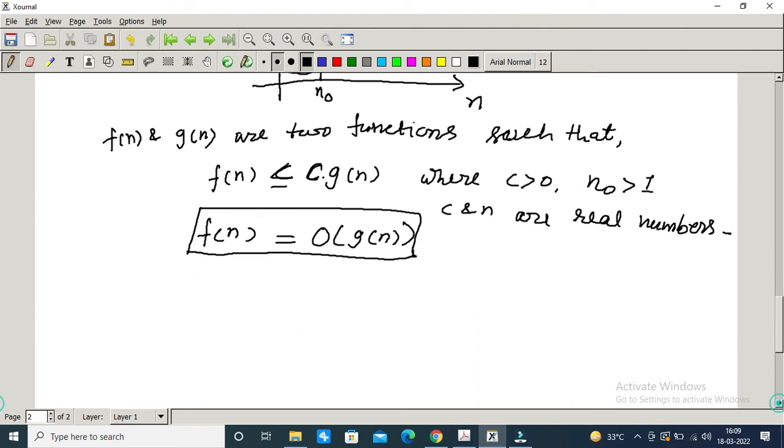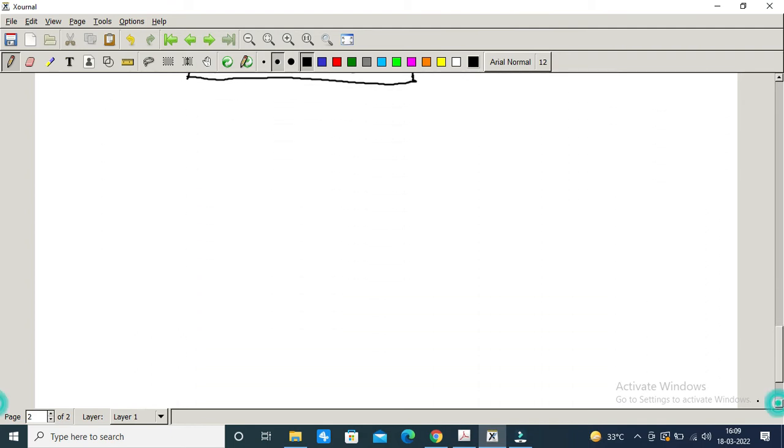Similarly, if these two functions f(n) and g(n) are like that, let me plot this again between n and t.